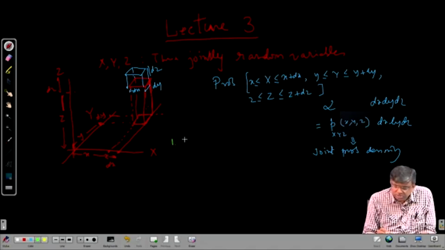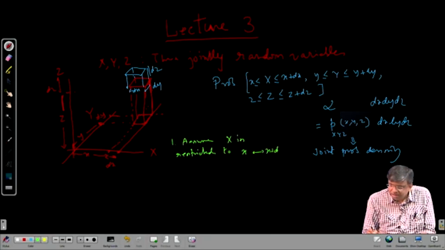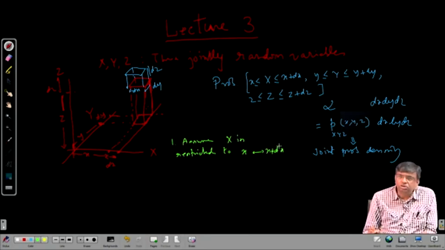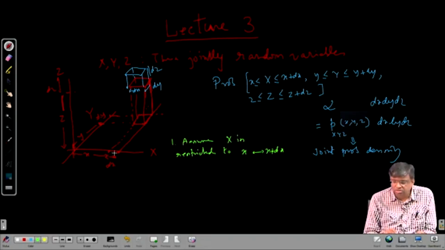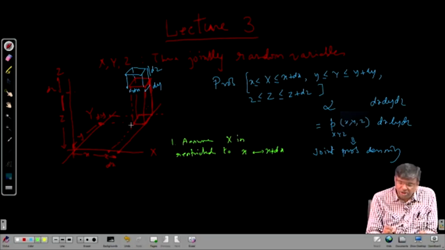One way, assume capital X is restricted to x to x plus dx. That is, we are considering only those cases where capital X is occurring from here to here. Other cases occur, but we are not considering them, we are only considering this. So, this is kind of fixed. Within those cases, what are the chances of capital Y falling from small y to y plus dy simultaneously with capital Z falling from small z to z plus dz?